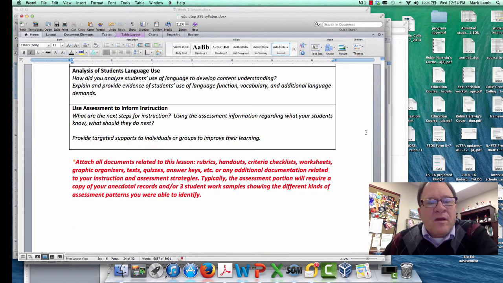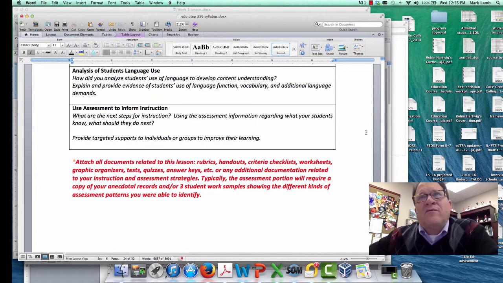Okay. One difference in the assessment piece is that we would also like you to include student work samples. So if you identify something in your students' performance, we want you to add a student work sample that shows the pattern that you assessed in your students.